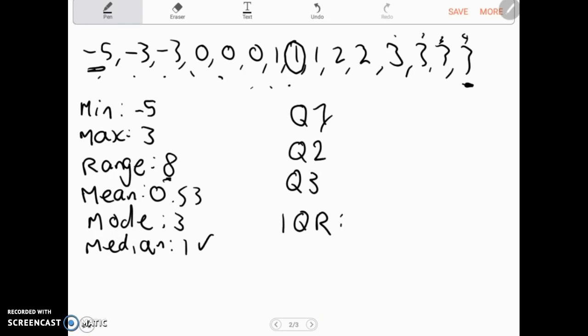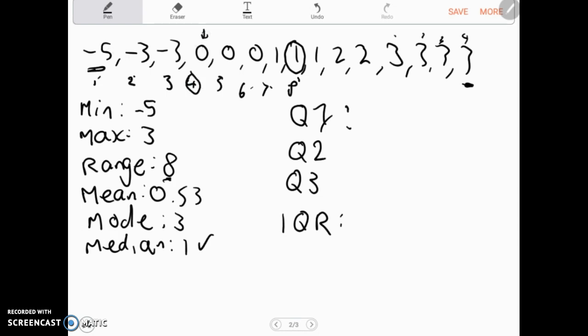Okay? So remember, to get Q1, we need to find the median between the actual median and the minimum. So we go, okay, well, how many data points are there? There's 1, 2, 3, 4, 5, 6, 7, 8. 8 divided by 2 is 4, so we go to 4, which is here.